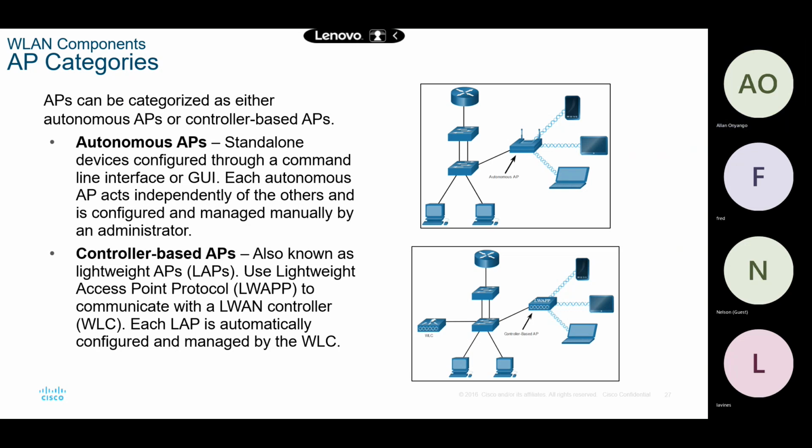And so these controller-based access points are also known as lightweight access points. And they work under a protocol called the LWAP, the lightweight access point protocol, basically to communicate with the controller. And each lightweight access point is normally automatically configured and managed by the LAN controller.